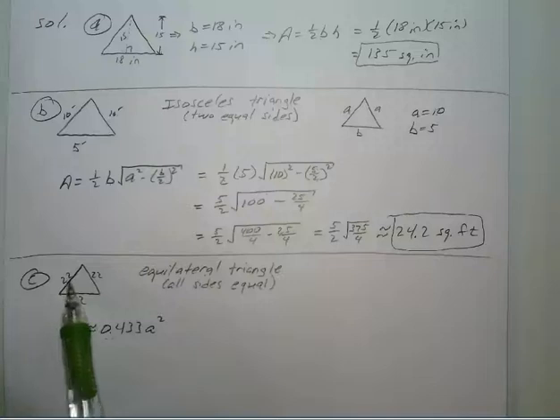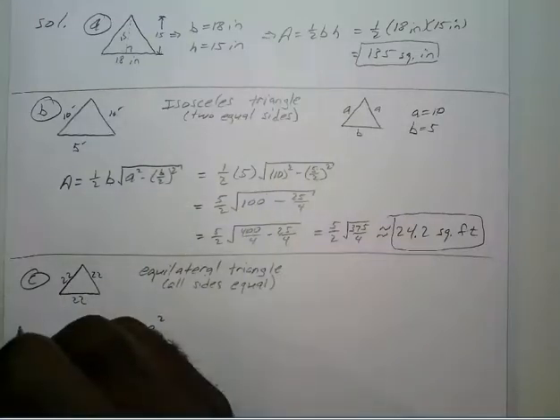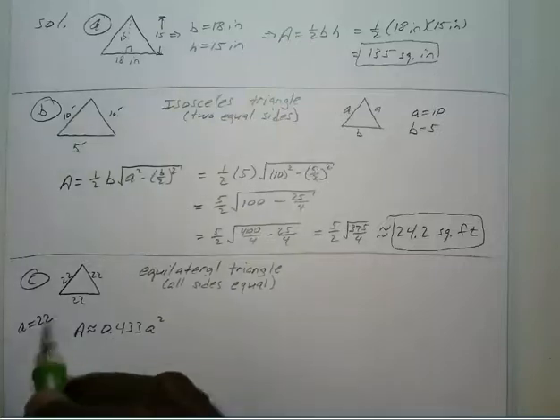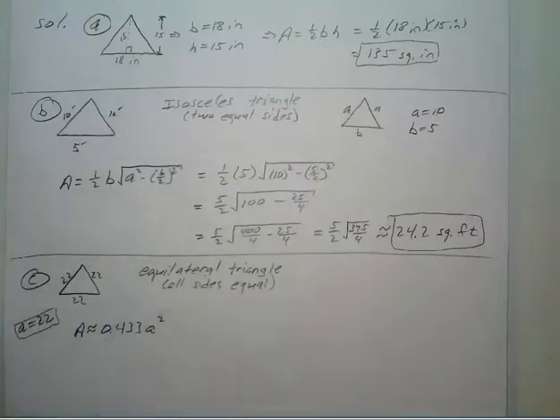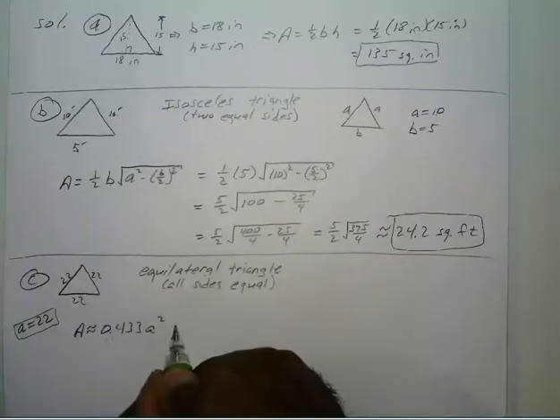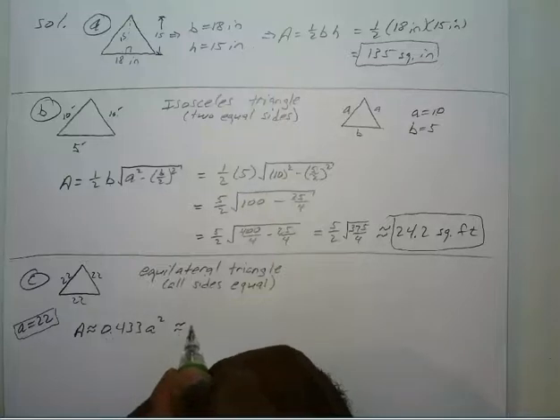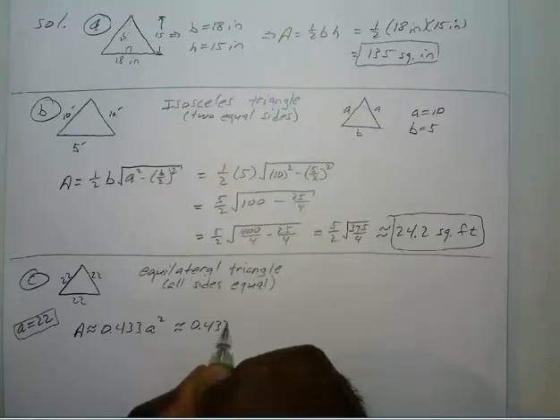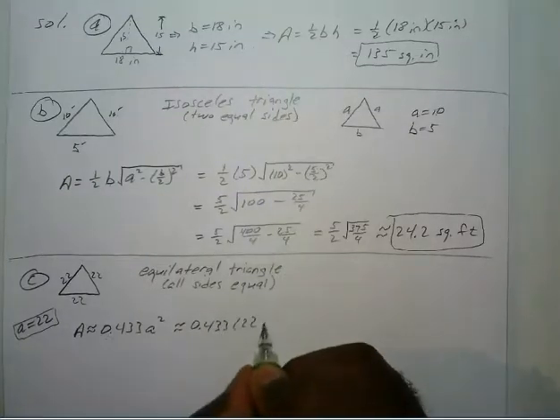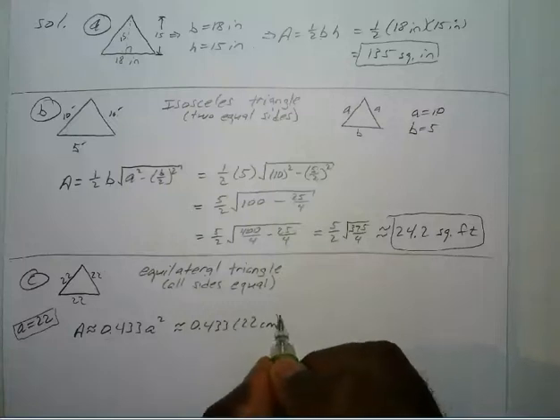All right, so each side is a length of 22, so we know that in this case, A is equal to 22. All right, so we go ahead and plug in our A. So this is going to equal 0.433 times 22 centimeters squared.